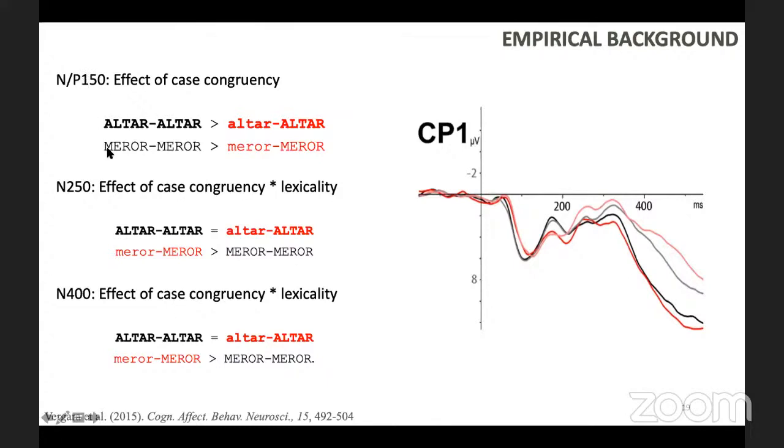Very importantly, this effect vanished for words in a component associated with the initial mapping of orthographic representations, that is the N250, and in a component related to lexical-semantic activation, there is the N400. But in contrast, this difference was sizable for pseudowords both at the N250 and the N400. Thus, the word pairs produced a similar signature in the N250 and N400 components, but it was not the case for non-words.